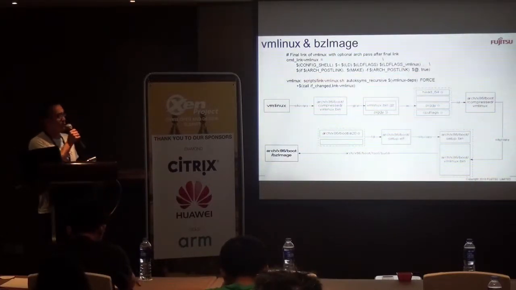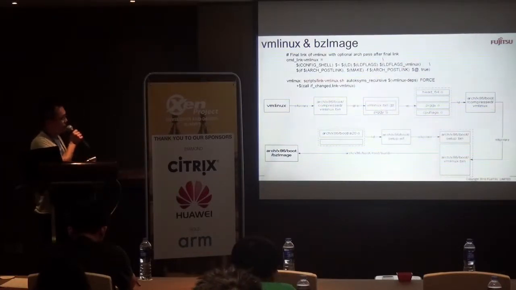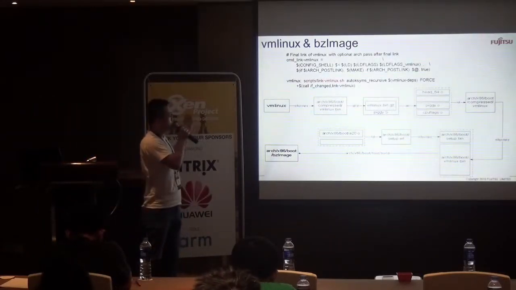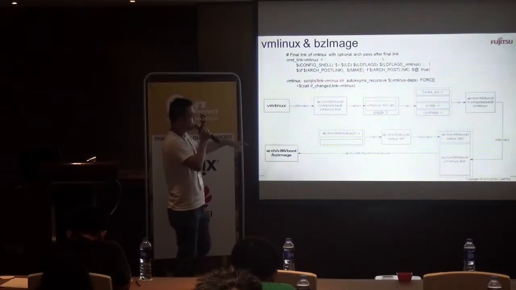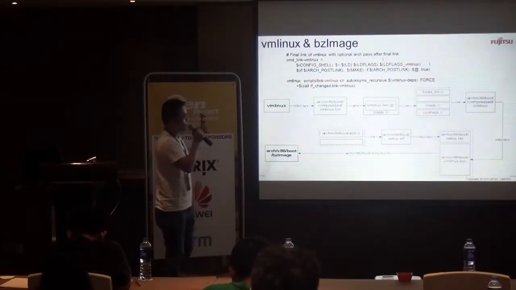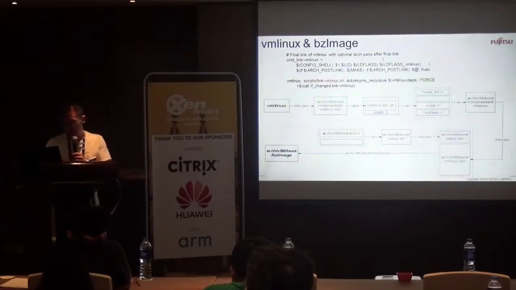It wouldn't bother with a script if only linkage were done, so there are more things to do in the script. And this is the whole process of how the vmlinux file under the source root is processed to finally produce the bzImage. This picture shows the process, but I will skip the explanation.